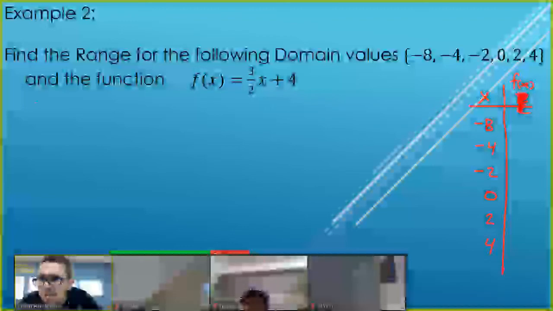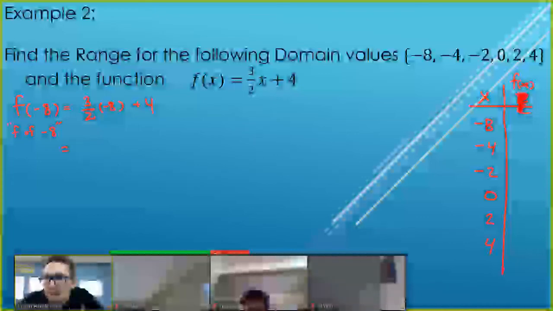So plugging in -8. Now here's another thing about function notation. We keep track of our inputs. So f of -8. That's how we say that. f of -8 is equal to... Now I am going to go through these a little faster than normal.